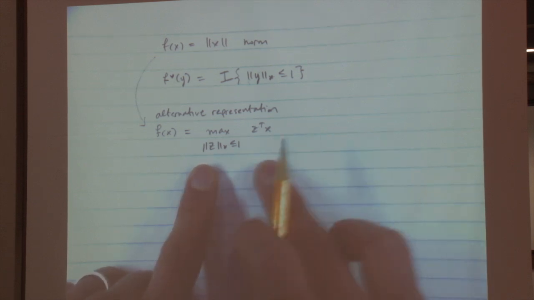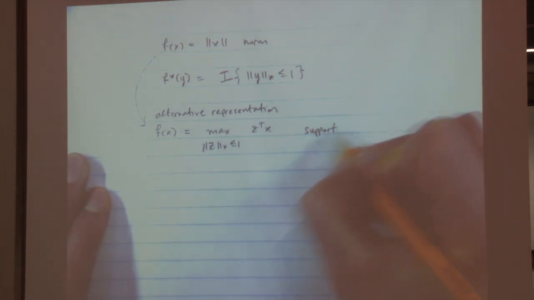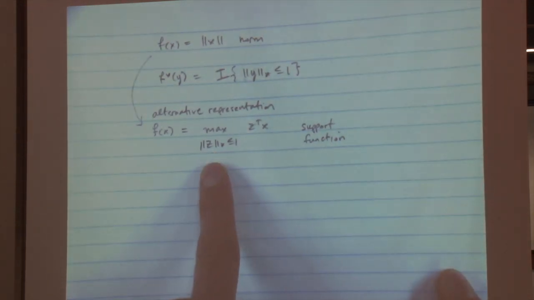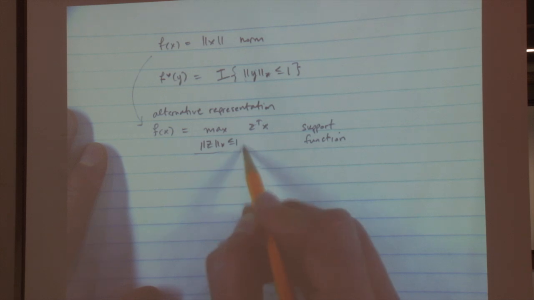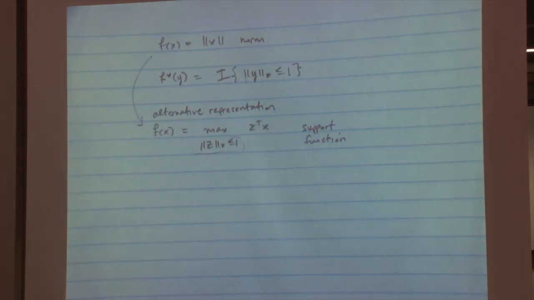What is this guy here? This is the support function. It's the support function of what? Of this set, the set of all z for which the dual norm of z is less than or equal to 1. What's the conjugate of the support function? Well, we just learned that from the last slide. We learned that the indicator function has conjugate equal to the support function, so vice versa.